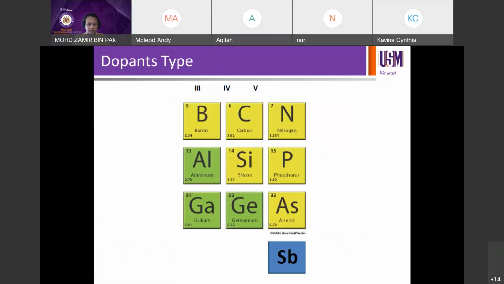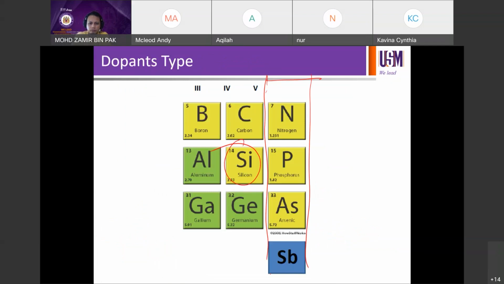So dopant type we've discussed in 386 last time. Since we are using silicon as the host, silicon is from group 14, okay, group 4. So if you want to have n-type doping, you need to use dopants from group 15.